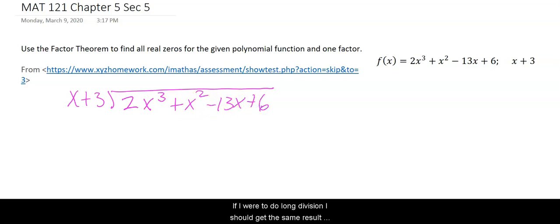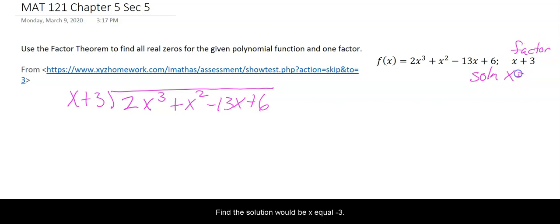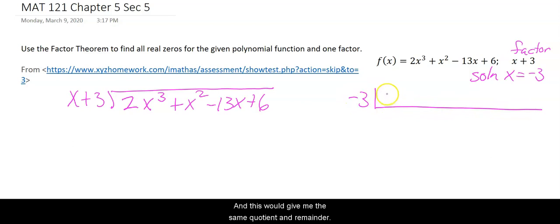If I were to do long division, I should get the same result that I would get if I found the solution that matches the factor of x plus 3, and the solution would be x equals negative 3. So I could use the negative 3, and this would give me the same quotient and remainder.